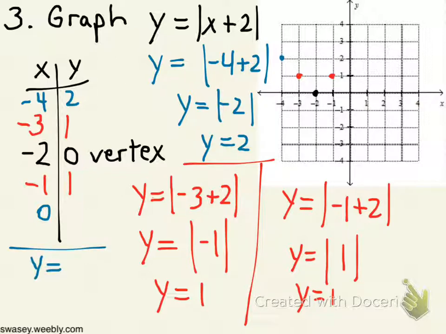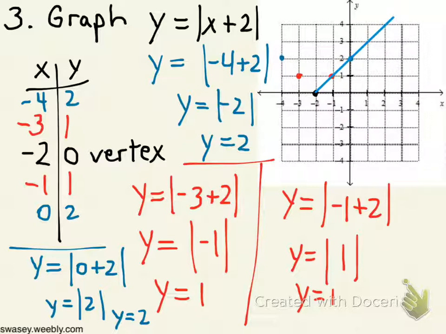So absolute value of 0 plus 2. 0 plus 2 is 2. And absolute value of 2 is 2. So we have a point at 0, 2. Now we'll connect those. We'll have our graph, put arrows on the end, just showing that it continues on forever in those directions.